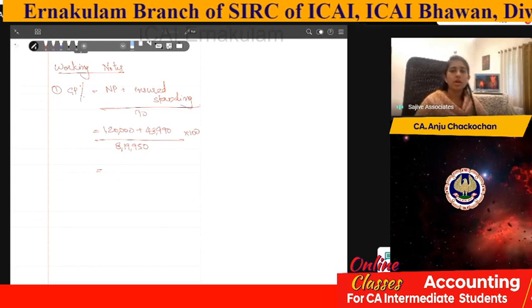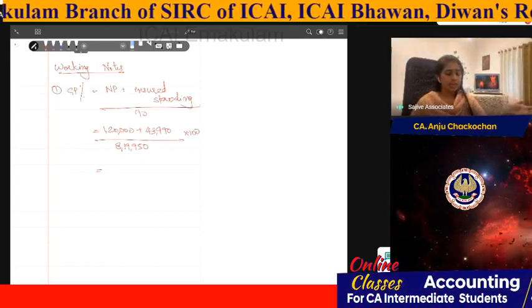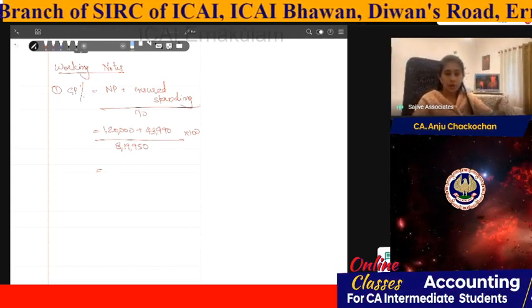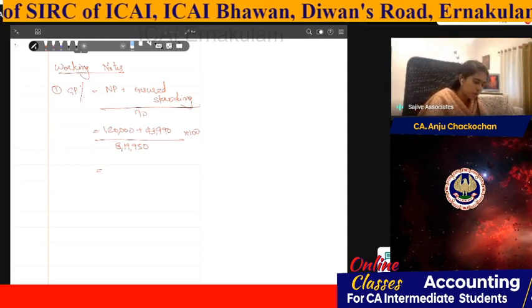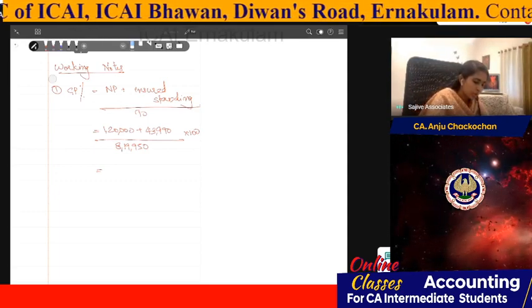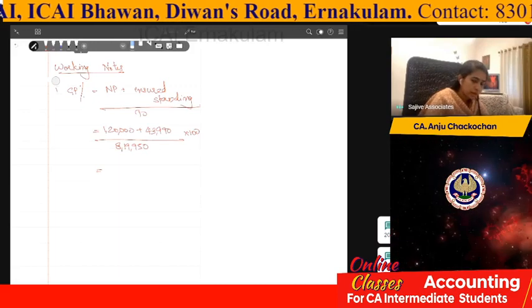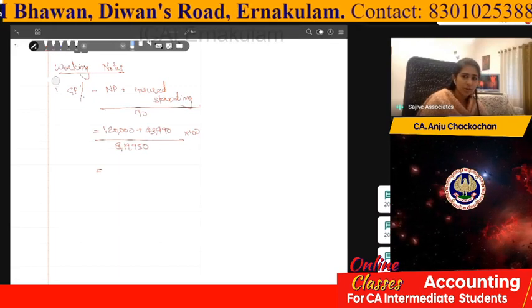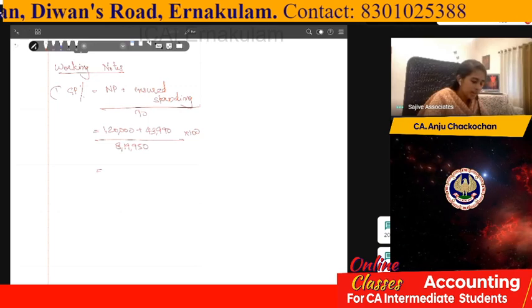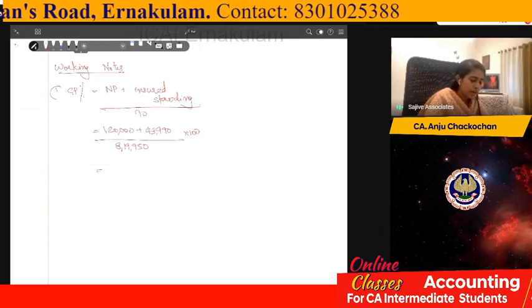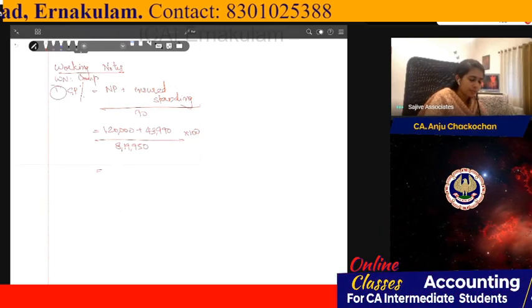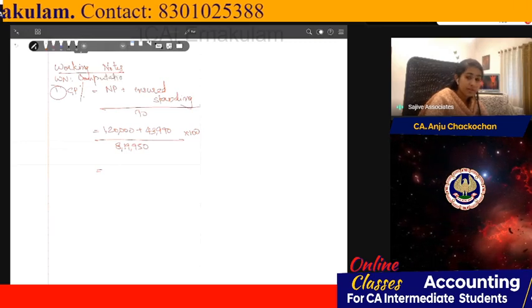GP percentage. Leave some space for step three and then start writing working notes. Working note number one, computation of GP percentage.